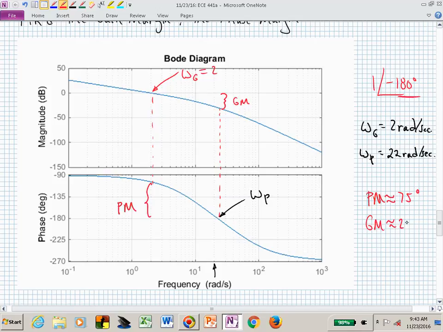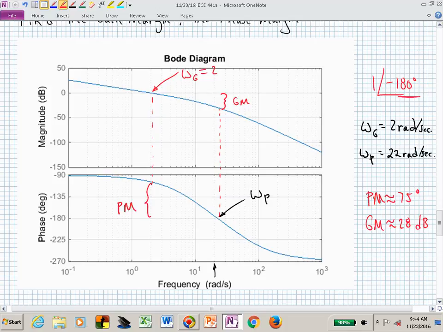Oh, I'm really getting precise here, 28 dB. But on the exam, hopefully you can see that that's a little bit more than halfway, so you know it's bigger than 25. Maybe it's a little bit less than 40, so if you say something between 25 and 35, that's probably a valid answer on the exam. Is that clear? And that would be your gain margin.